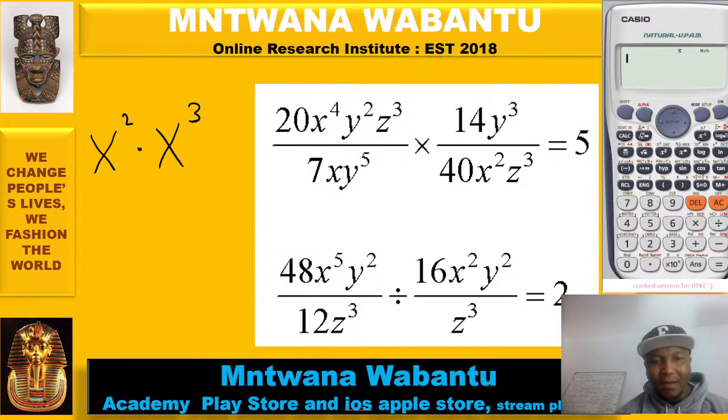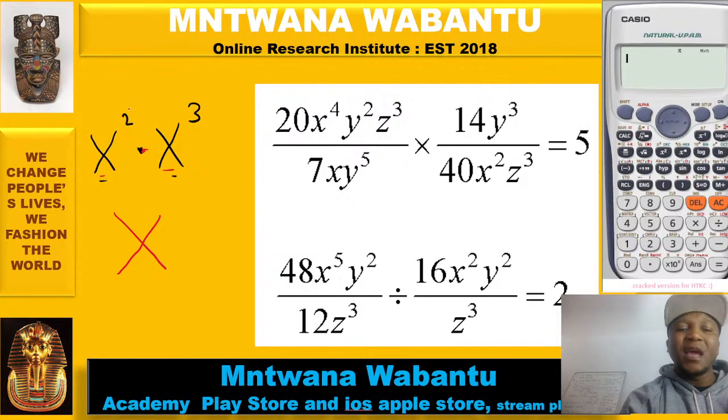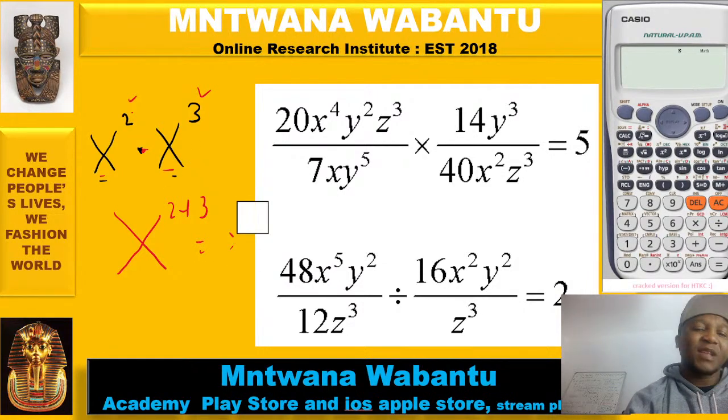Once your bases are the same, these and these are bases, and there is a multiplication in between, that is the rule. It must be multiplication. If it's a plus, that rule is not going to work. If there's multiplication between, you don't write 2 bases. You only write 1 because they are alike, and then add the powers. Add that one plus that one. So 2 plus 3, the answer is going to be x power 5. That's all.